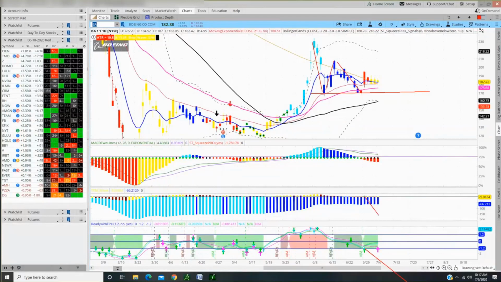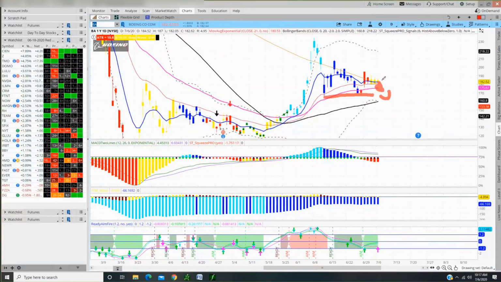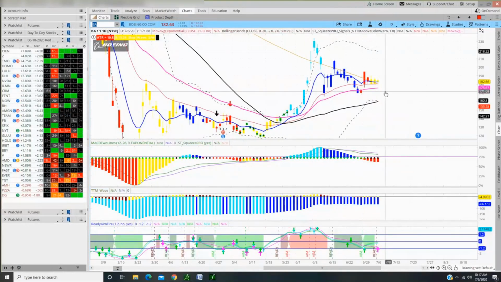Entry here, which would have got us in here. Now it's up here. That's fine. You can get in there because the reward's still there. So right now, I'm not going to get into it. But this is good. You could have a small reward to risk. I would like it to come down maybe more in here and then shift, but that's okay. Right now it's fine. So whoever is looking at Boeing, would you put that in, AJ?